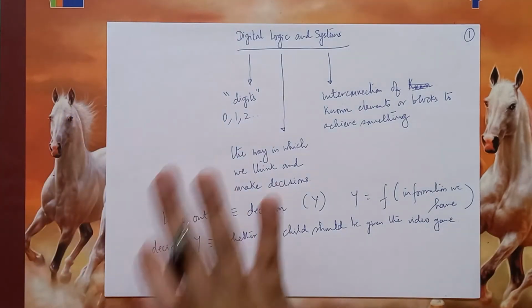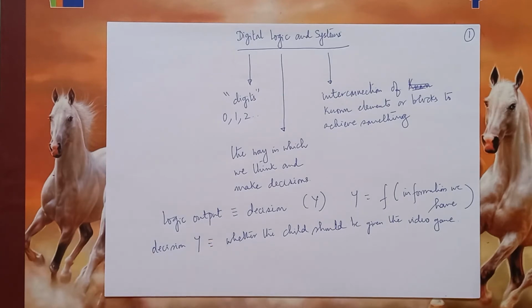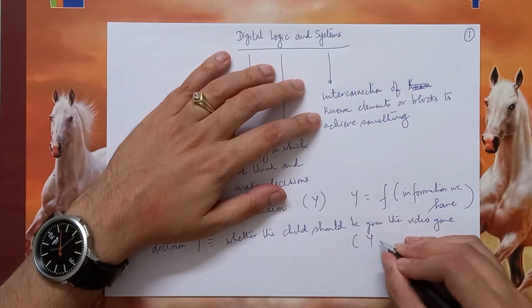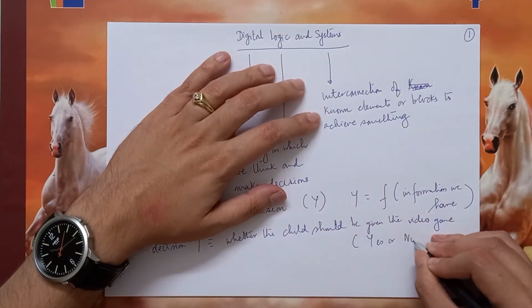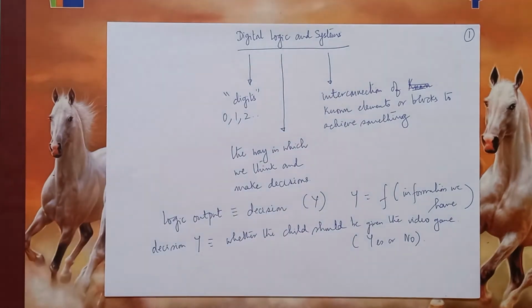Now, if this decision is denoted as y, there could only be two possible outcomes. Yes or no. Either the child gets the video game or he does not get the video game. There is no other way. So it's either yes or no.